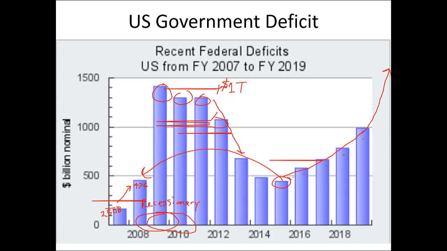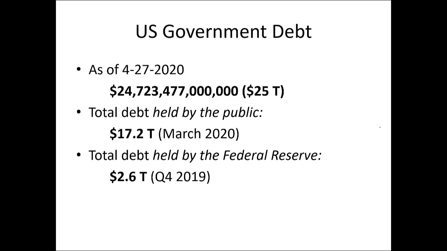But we had the upward trend in the deficits well before, and we returned to the $1 trillion deficit level well before the next recession started. All right, so massive increases in spending, not matched by increases in revenue, massive increase in deficit, and therefore accumulating massive increases in government debt.